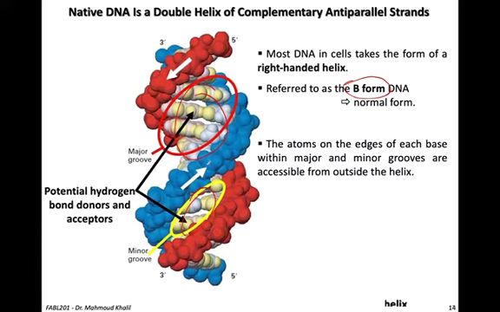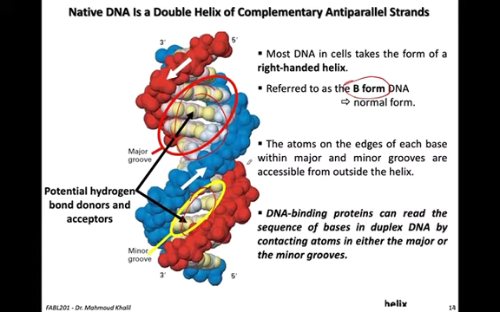So both of these grooves are actually potential hydrogen donors and acceptors. They can interact with proteins like the DNA binding proteins. The DNA binding proteins can read the sequence of the bases in the duplex DNA by contacting either the major groove or the minor groove, depending on the function of the protein.